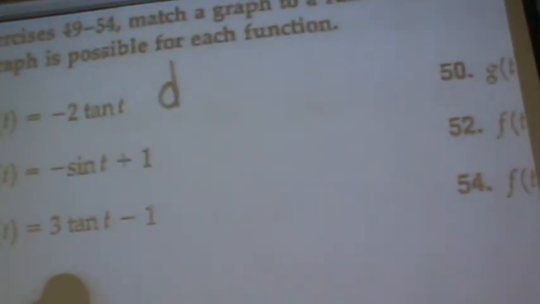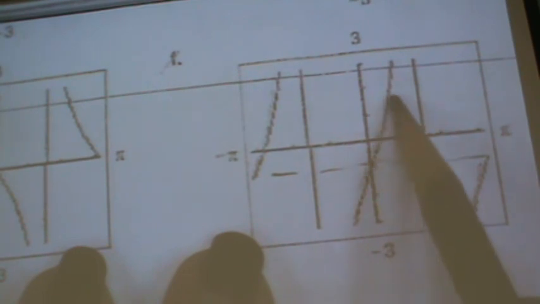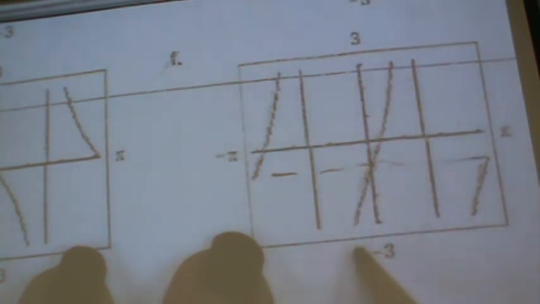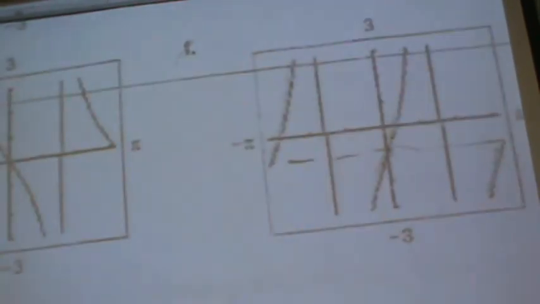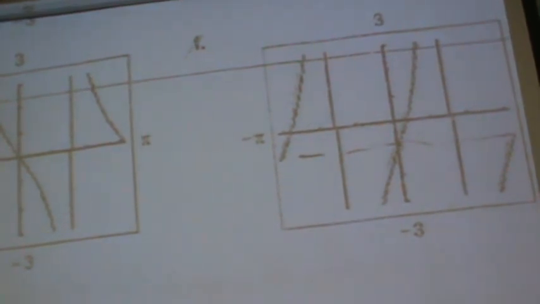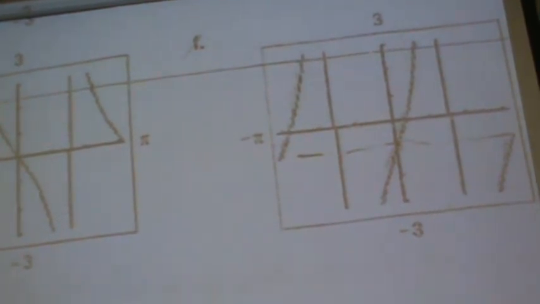If it's negative, it goes down. Now notice that this one is 53. 53 is up. Its new x-axis is negative 1. And then the steepness is 3. So that's why that one looks the way it does. Not bad? All right, that's it.